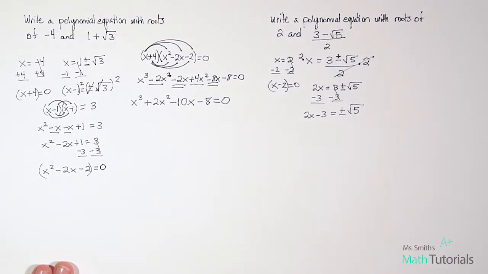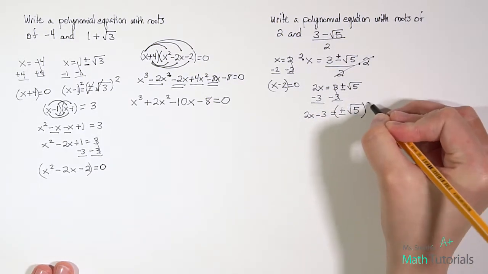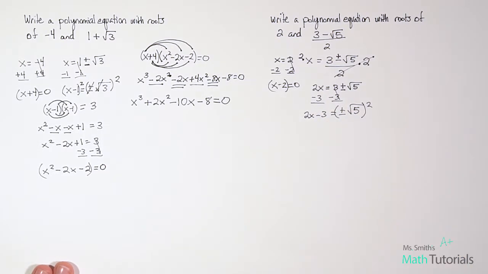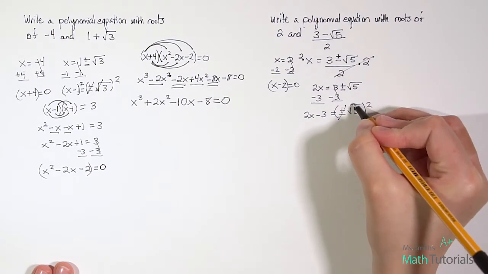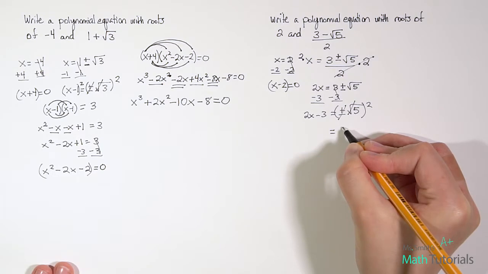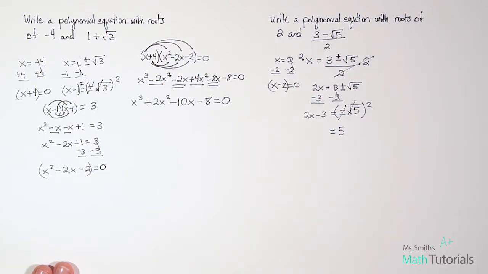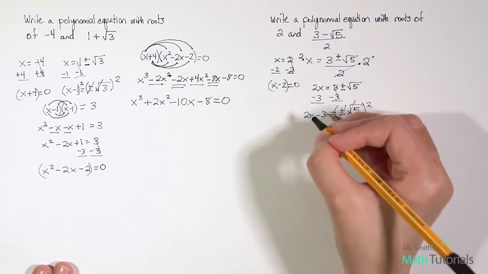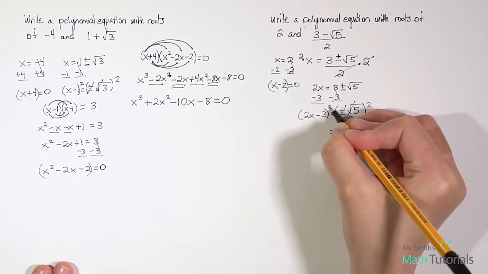Now that I've gotten that radical alone on one side of the equation, I can get rid of it. And how do I get rid of a square root? I take the square. And when I do that, it gets rid of the plus or minus, it gets rid of the radical, and all you're left with is what's underneath the radical, 5. But if we're going to square what's on the right, we have to square what's on the left as well.